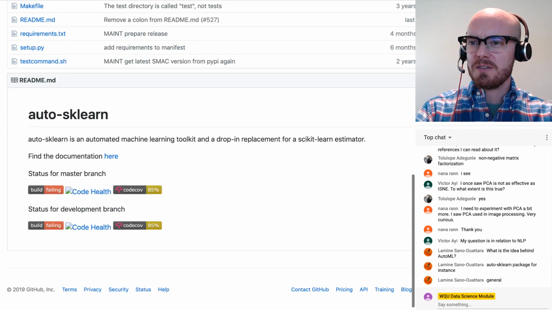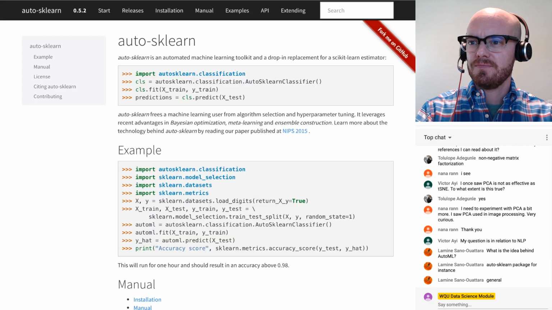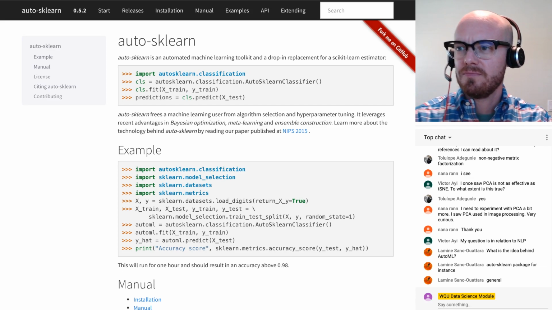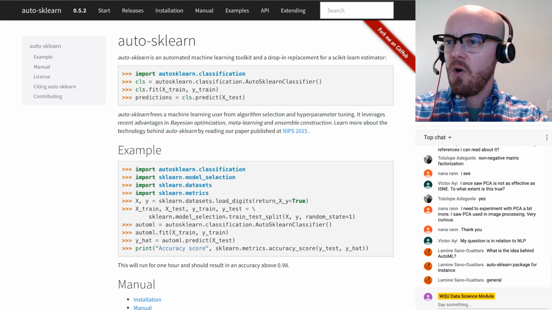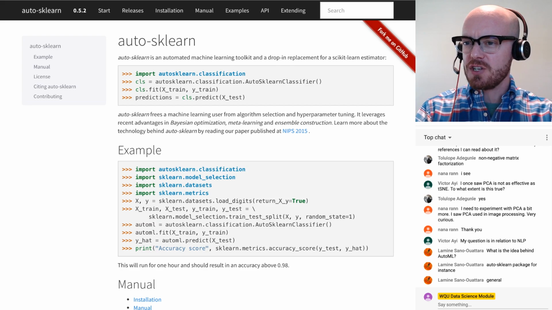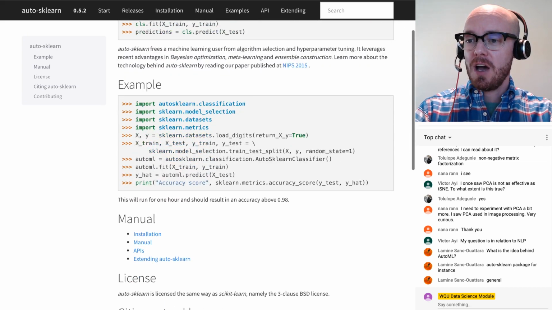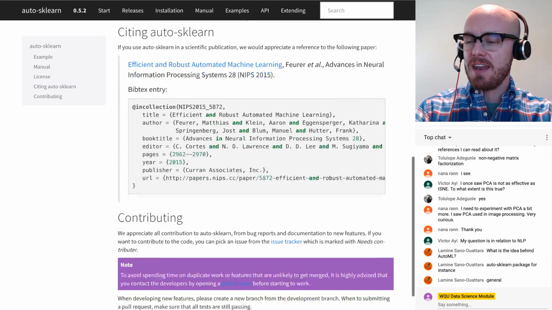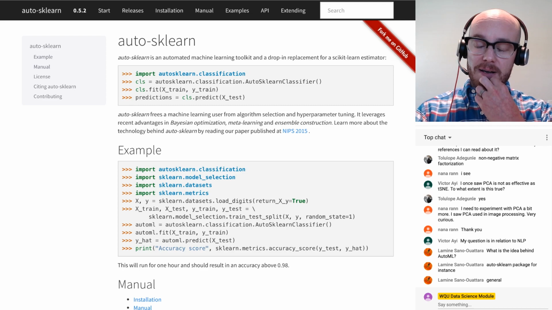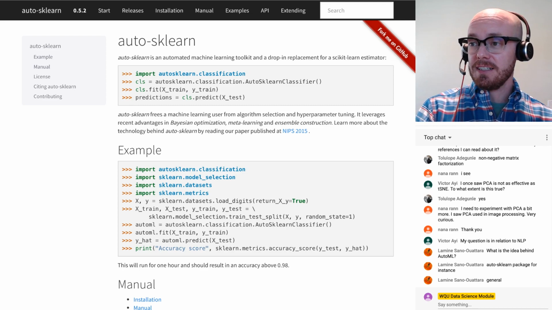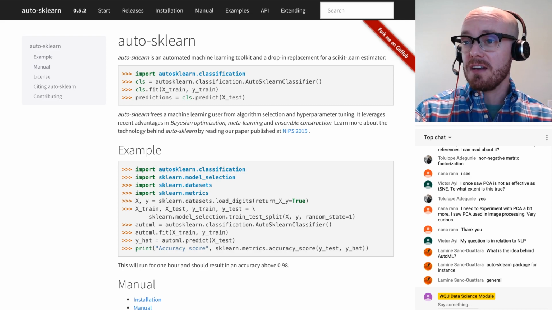I am very curious about this. So basically it does all of the parameter tuning and model selection for you? Huh. Well, this is the first I am hearing of it, so I don't have a big opinion.